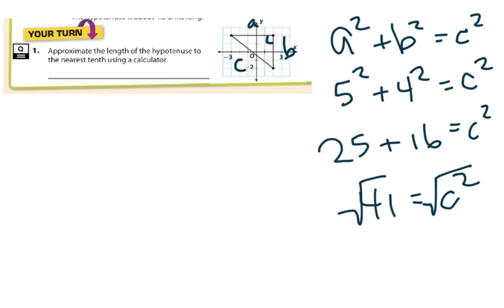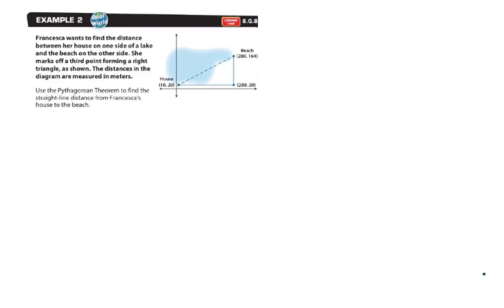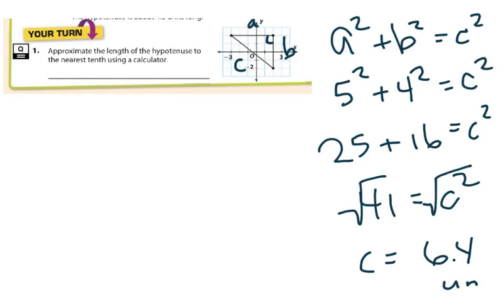Siri, what's the square root of 41? The square root of 41 is approximately 6.40312. All right, 6.4 to the nearest tenth using a calculator, so it would be 6.4 units.